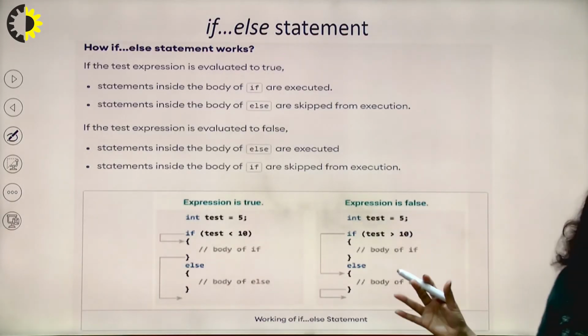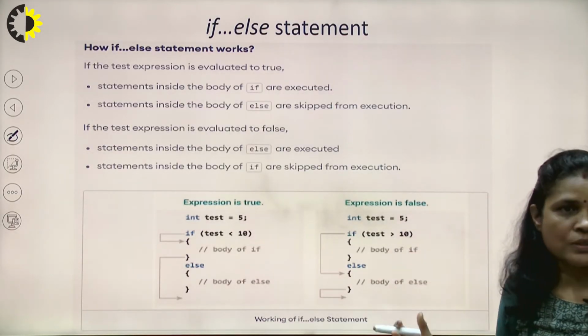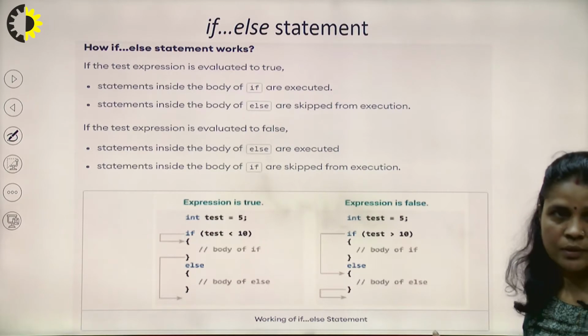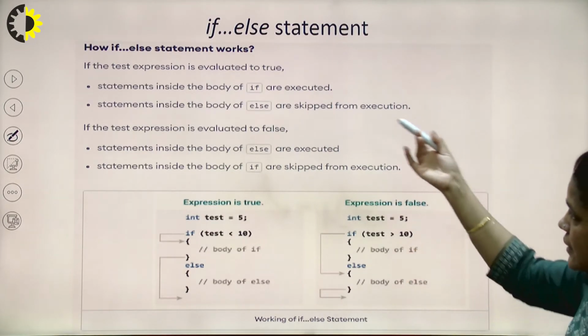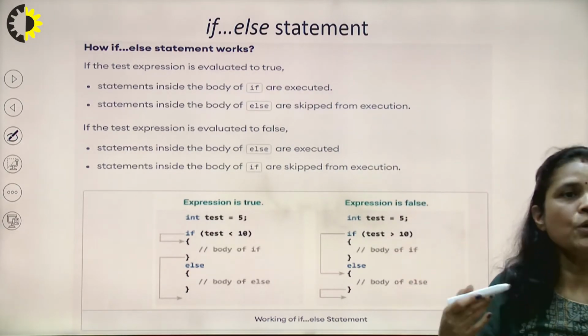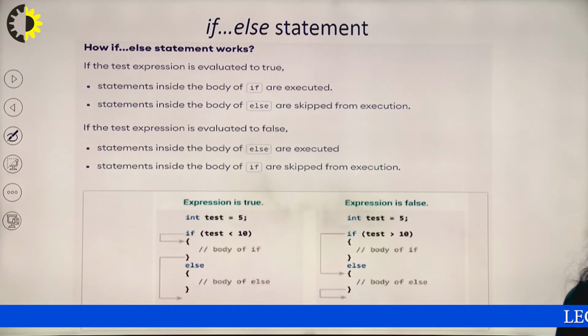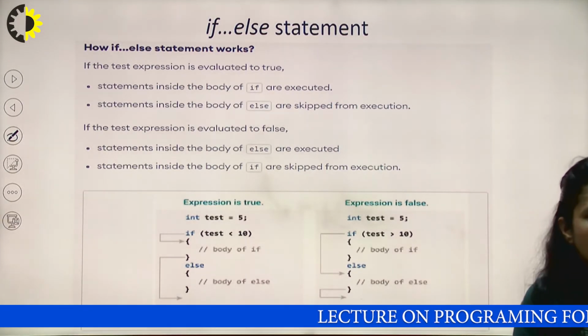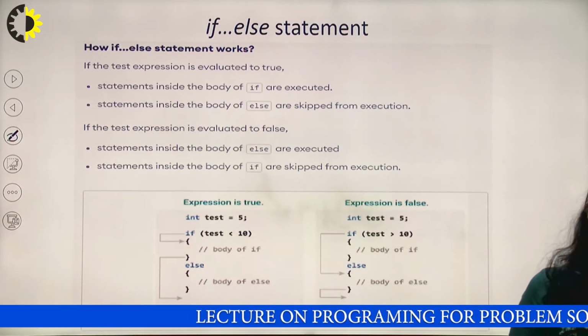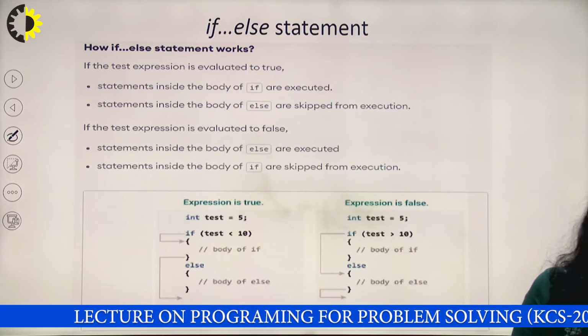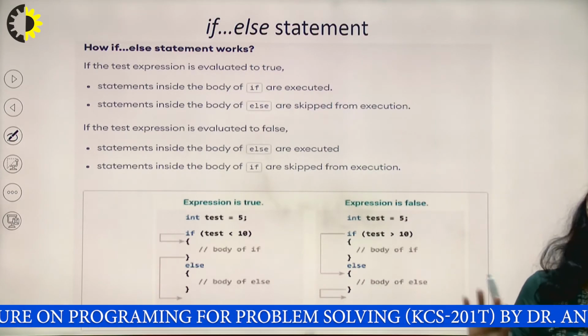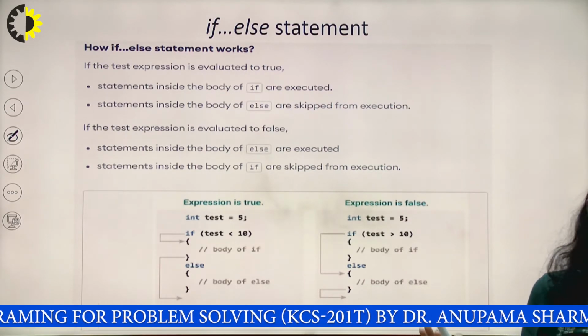Now more about the if-else statement, how it works, and an example of it. If the test expression is evaluated true, what will happen? The statements inside the body of if are executed, and the statements inside the body of else are skipped from the execution.